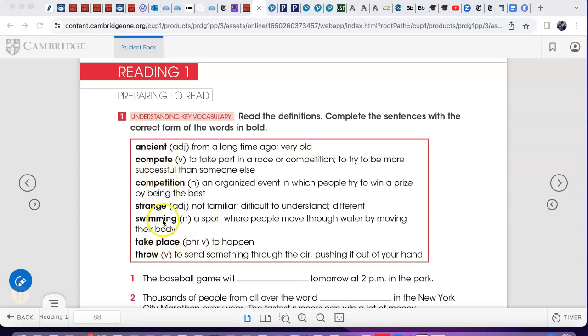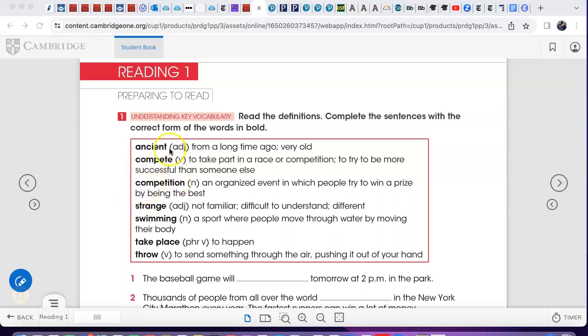So I'm going to read these vocabulary terms to you. First one is ancient. Ancient. Second word, compete. Compete.